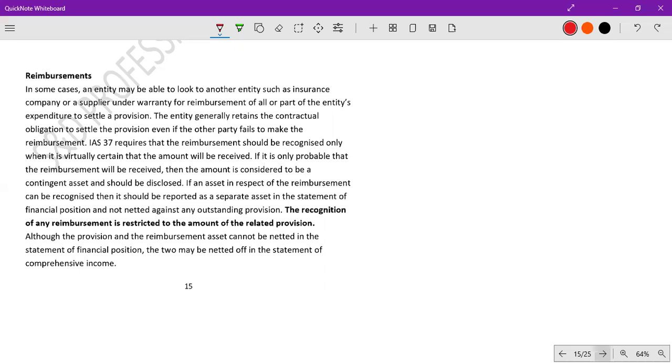So the recognition of any reimbursement is restricted to the amount of the related provision. It should not be more than the provision, just as with the counterclaim.